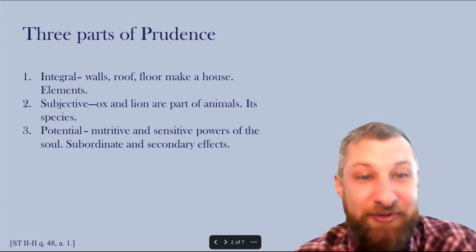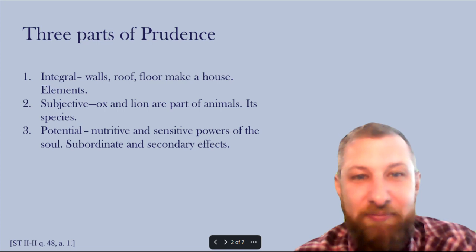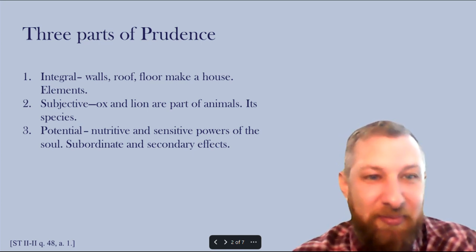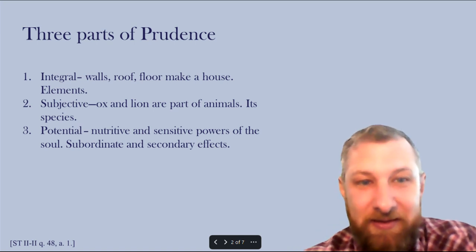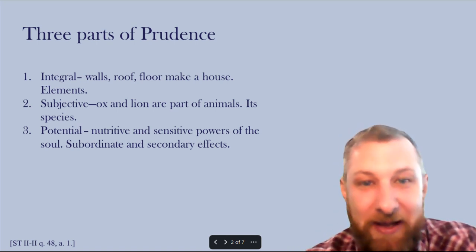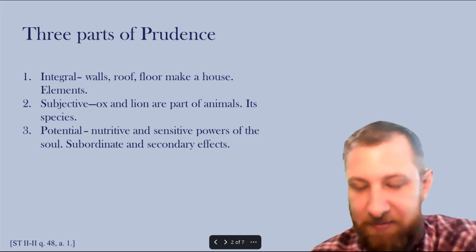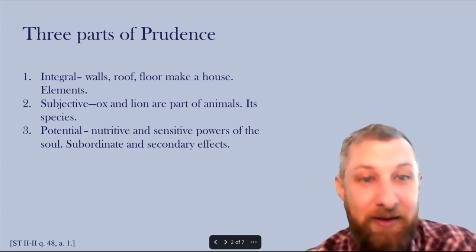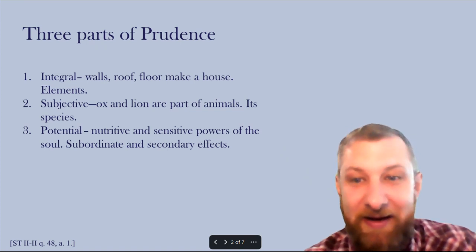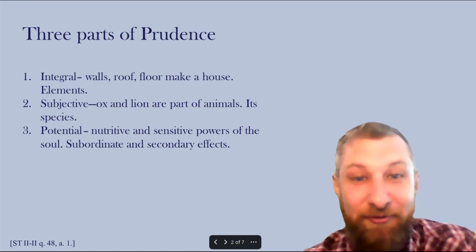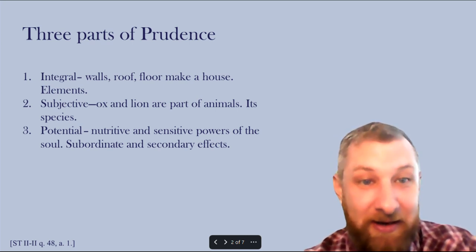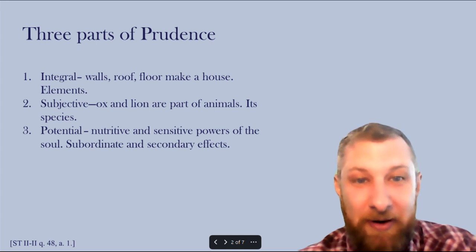Then there's also the subjective part of prudence, which are the species of prudence. This is, for example, like an ox or a lion being part of the family of animals, right? An ox is fully an animal. A lion is also fully an animal, but an ox is not a lion, and a lion is not an ox. This is different than the integral parts, because a wall is not fully a house.